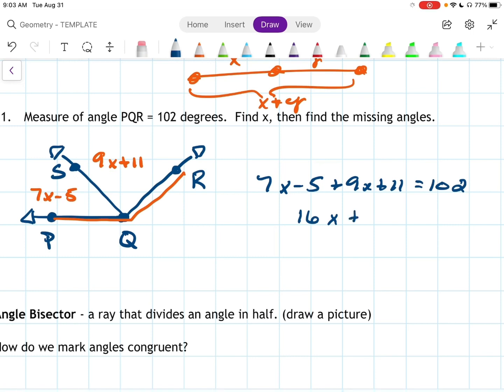Negative 5 and 11 give me 6, equals 102. Whenever I subtract 6, I get 16x equals 96. And then dividing by 16 gives me 6. So x equals 6.